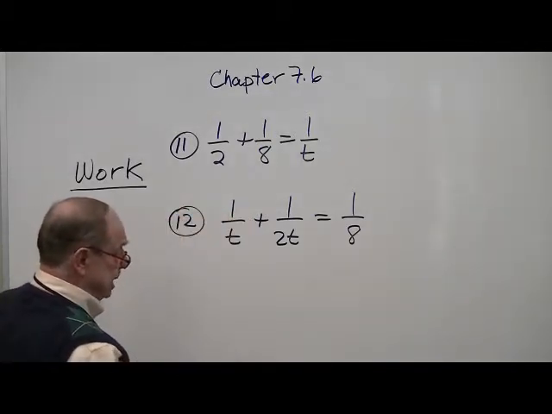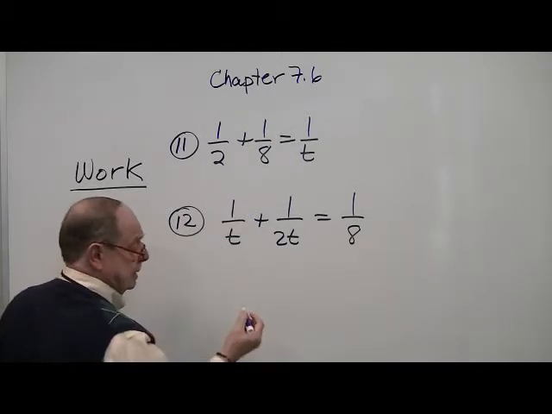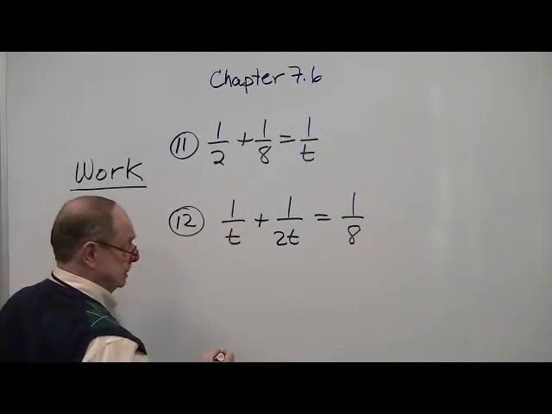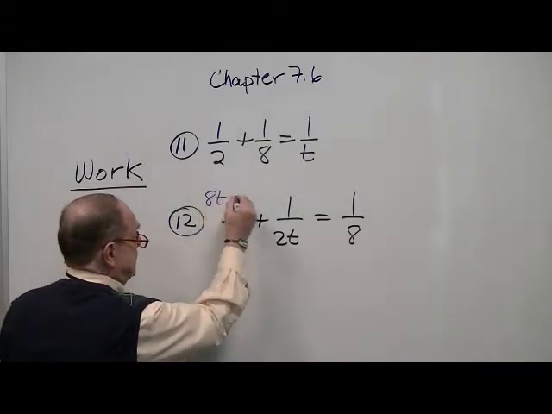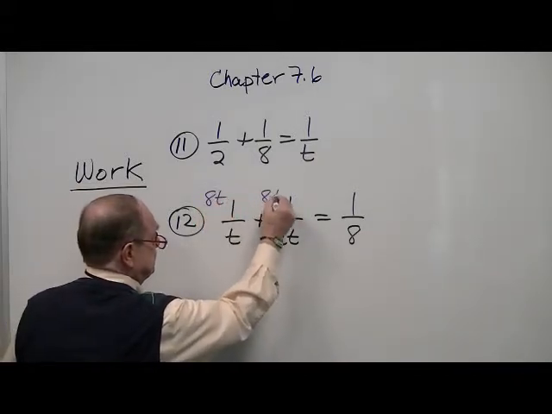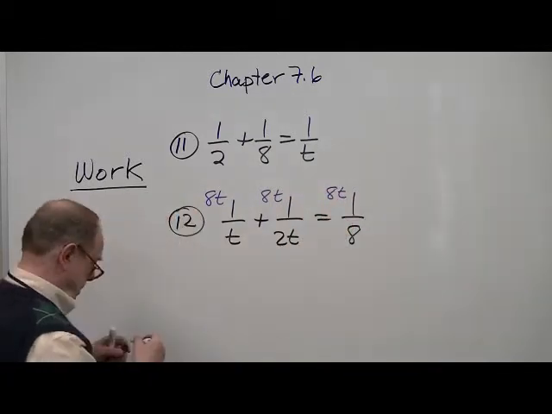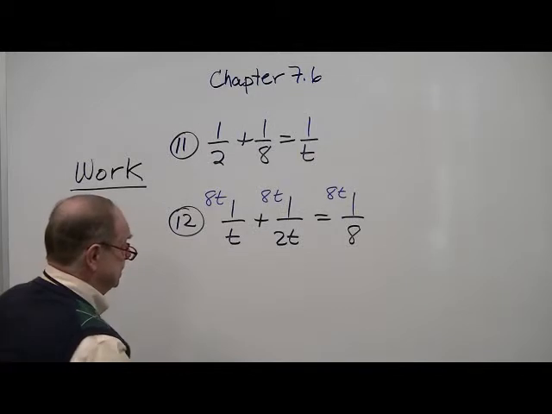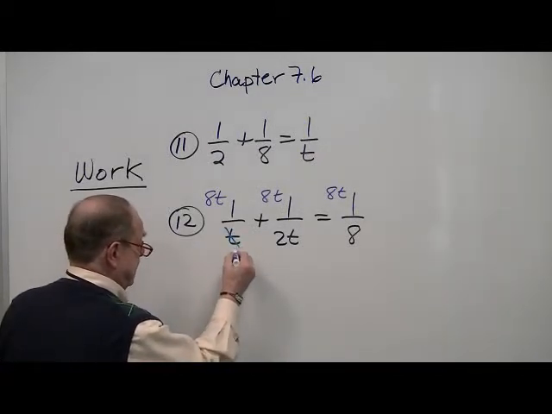So our common denominator here will be, think of it for a moment, 8t. So we do some canceling. Here the t cancels out.